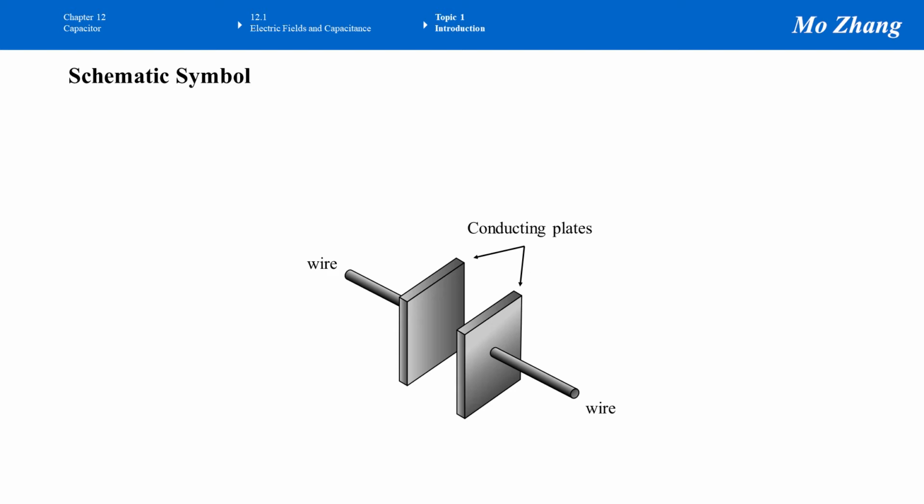Each plate connects to a wire. The two plates are not connected. The plates are conductors. For example, we can make the plates using steel, copper, aluminum, as long as the material is a conductor. For most capacitors, the plates are made of the same material.